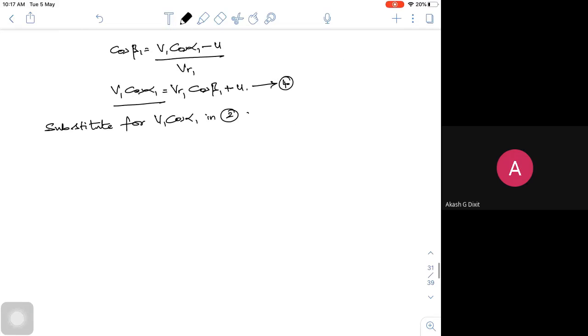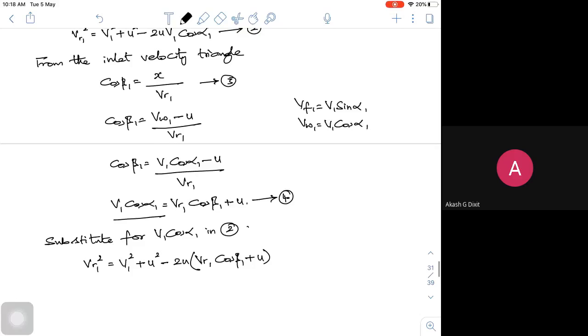If I substitute, what I am going to get is VR1 square is equal to V1 square plus U square minus 2 into U into, substituting for V1 cos alpha 1, VR1 cos beta 1 plus U. Fine, I substituted for V1 cos alpha 1.